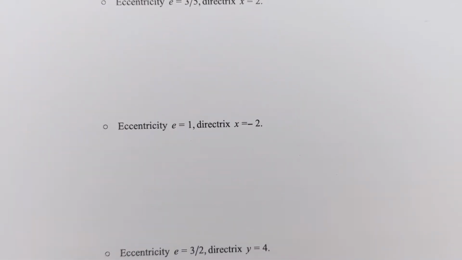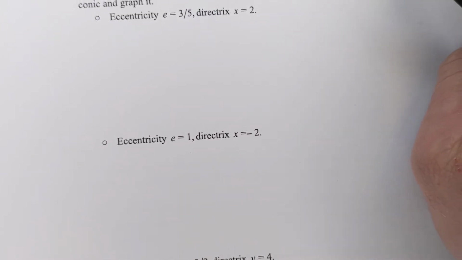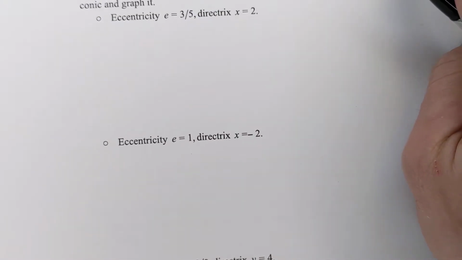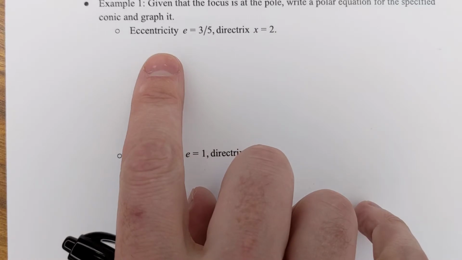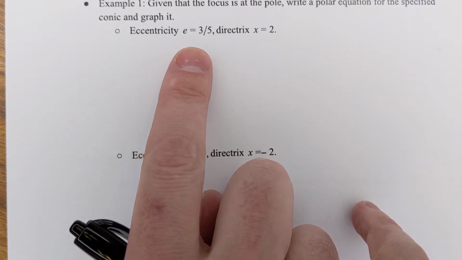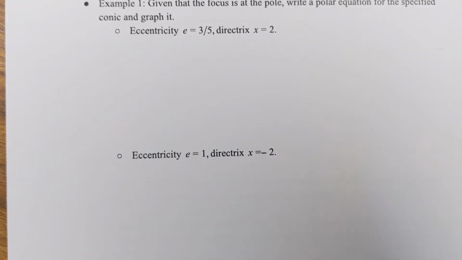So these are your generic forms to fill in. Example 1: given that the focus is at the pole, write a polar equation for the specified conic and graph it. The eccentricity is 3/5, and the directrix is x equals 2.